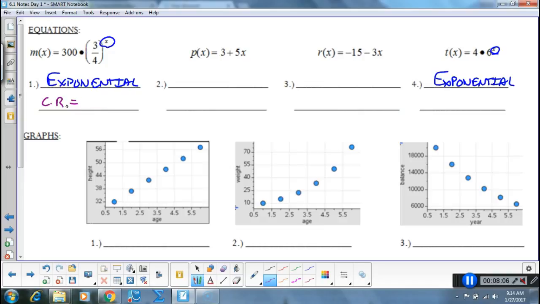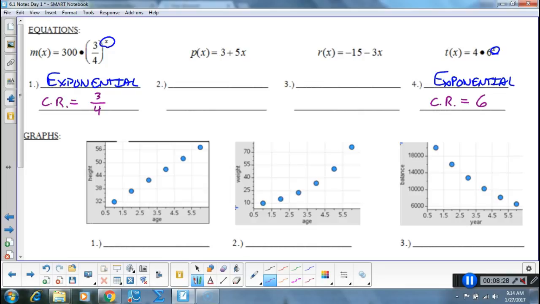Yep. So here the common ratio is 3/4. Over here, the common ratio would be 6. Okay. So in that case, it's the base of whatever we're taking wherever the variable is the exponent of.